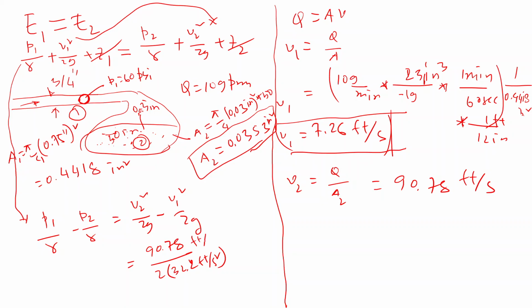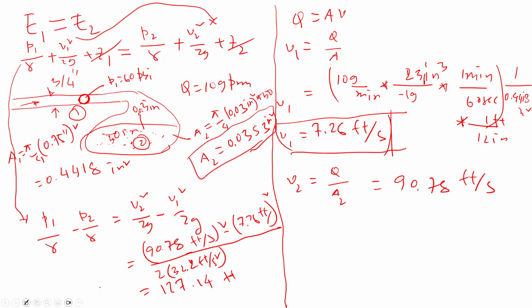This is in feet per second, whole squared, minus V1, which I found to be 7.26 feet per second, whole squared. So this difference, P1 by gamma minus P2 by gamma, I found to be 127.14 feet of liquid, in this case water.